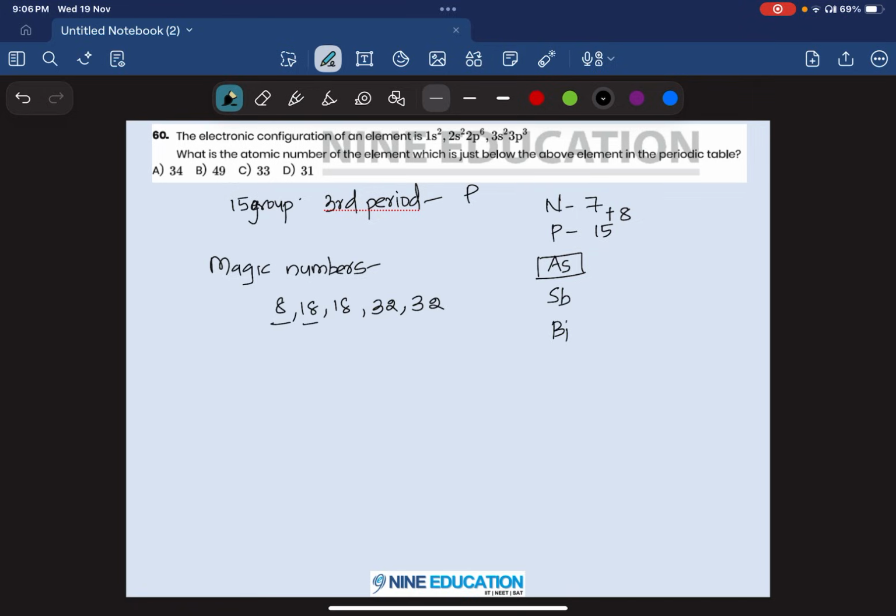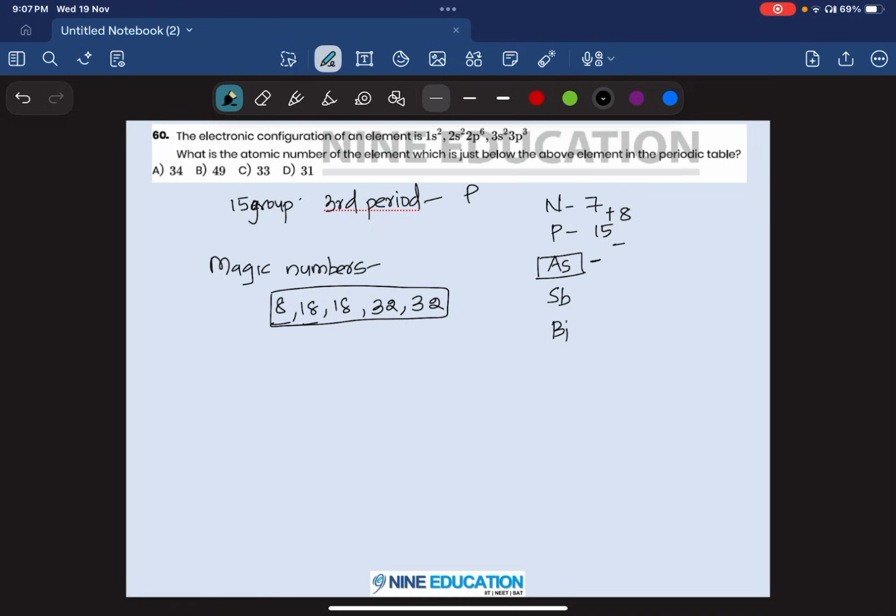That means if you add 8 to your first element of the group, you get the atomic number of the second element. If you add 18 to the second element of the group, you get the atomic number of the third element, like that. So those are the magic numbers which can be followed to find the atomic numbers easily.